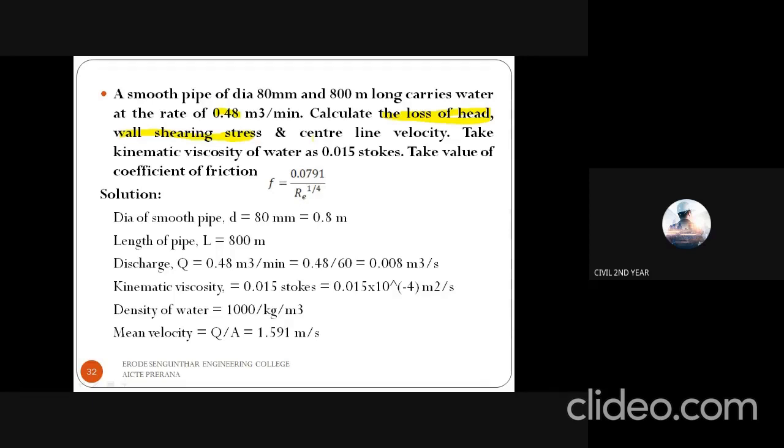So what data is given? Diameter of the smooth pipe D is given, that is 80 mm. Converting in terms of meter, 0.08 meter. Then length of the pipe, capital L, equal to 800 meter.